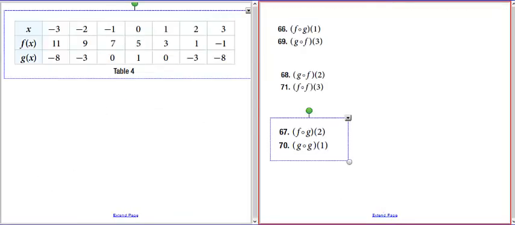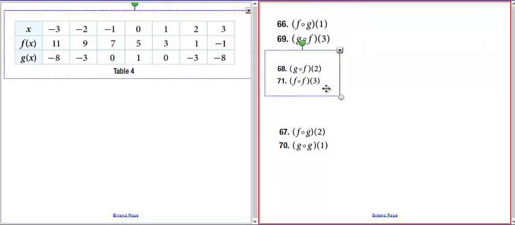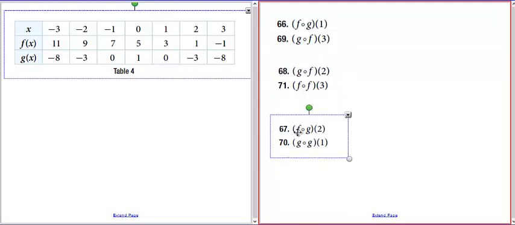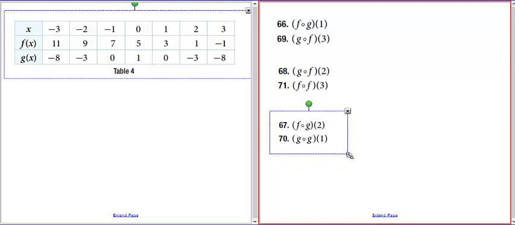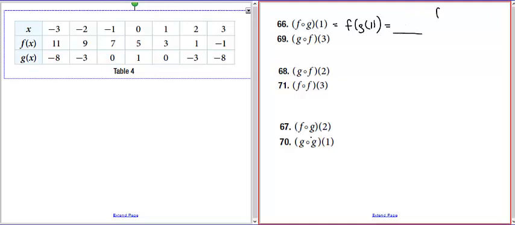Now from a table perspective, it's kind of the same thing. This is the other way of representing composite functions, this little circle, which stands for of. So this is equivalent to f of g of 1. So again, we're going to do g of 1 first.